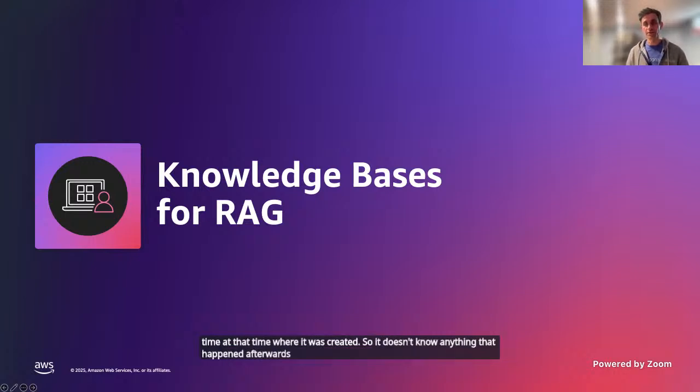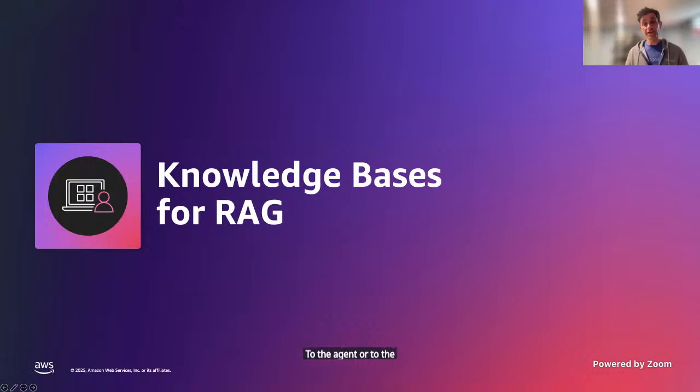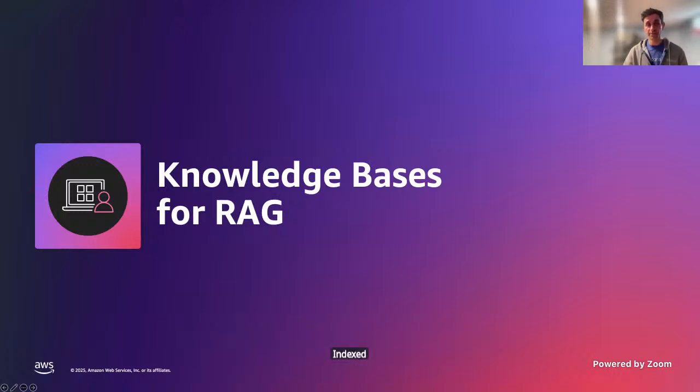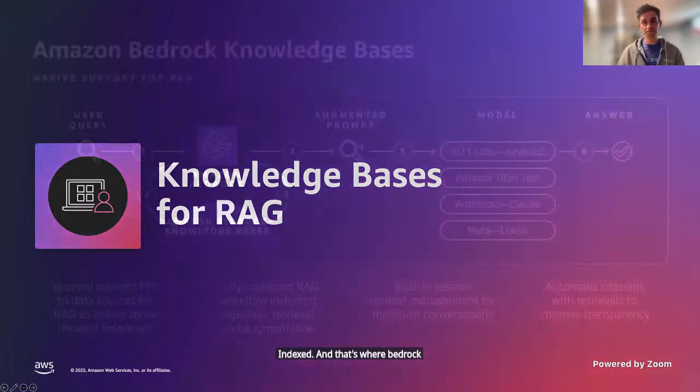And so that's where retrieval augmented generation really helps, because you can supply data to the agent during inference to provide context around something that the agent may not know about, either because it happened after or it's private data, so it was never available for it to be indexed. And that's where Bedrock knowledge bases come in.